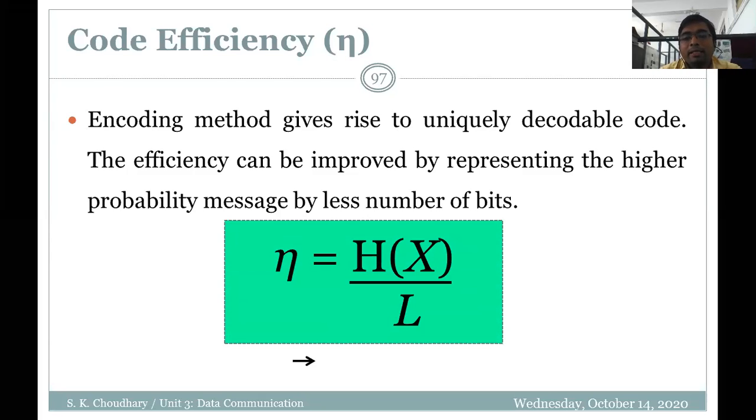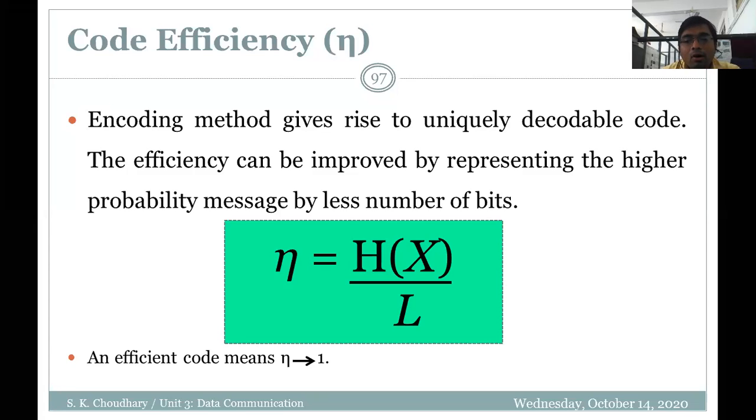When you are using binary numbers for the coding of the information, then we use this formula. And our aim is that eta should be equal to 1 for 100% efficiency. Okay, so an efficient code means eta should be equal to 1.